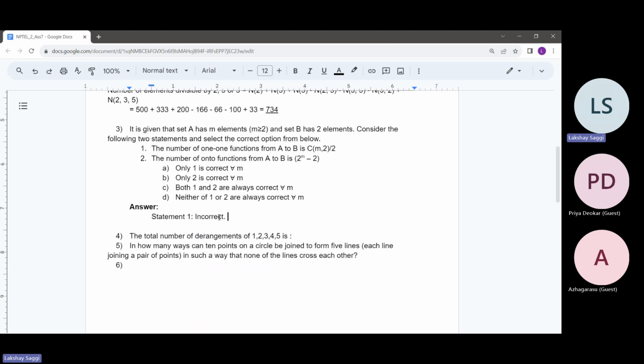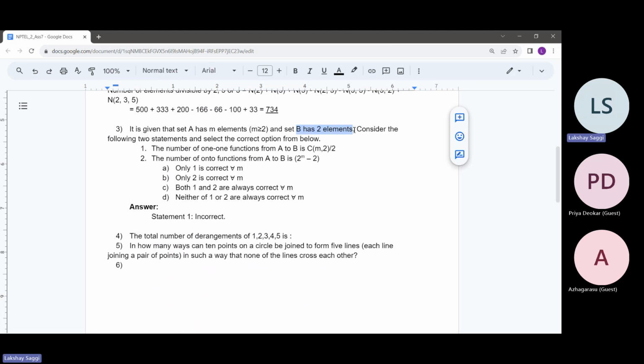You can sort of directly see that there are m elements given to us, where m is greater than or equal to 2, and set B has only 2 elements.